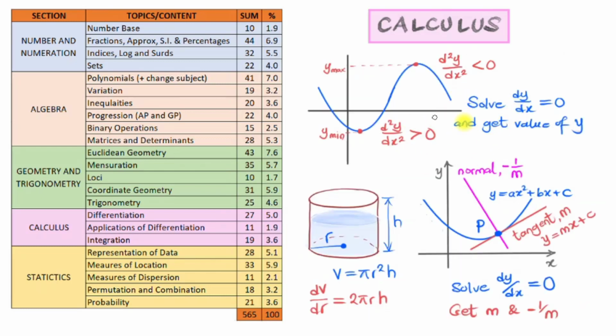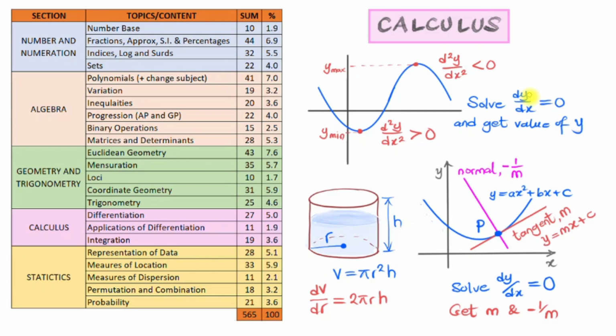The areas that they generally test students on applications of differentiations include the maximum and the minimum value. Okay, and for your maximum value, the second derivative should always be less than 0, whereas for the minimum value, the second derivative should be greater than 0. So those are means of testing. What you need to do is to find the derivative and equate it to 0. Normally, it always appears as a quadratic function.